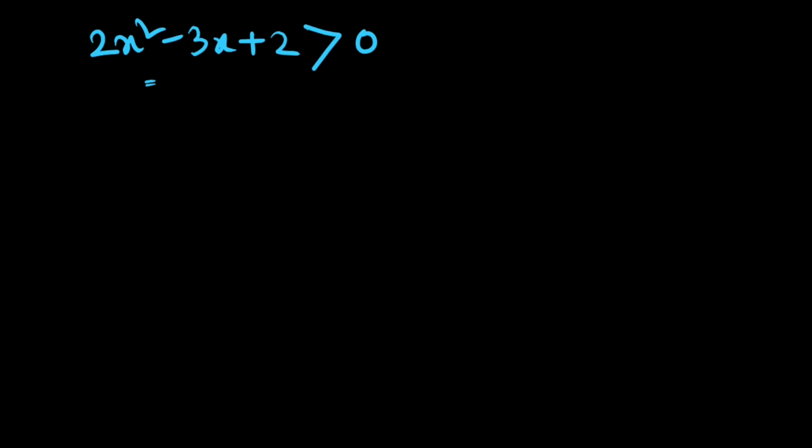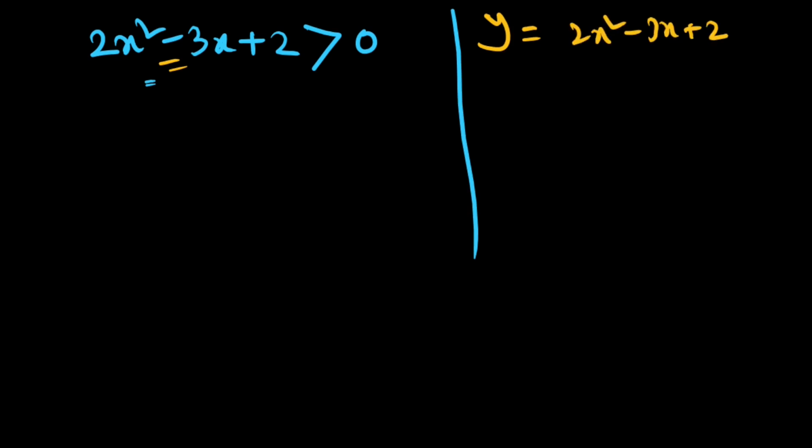If we write this term as y equal to 2x square minus 3x plus 2, then we break it and we see that it is y minus beta equals something times (x minus alpha) square, so something like that, and we get some constant here.